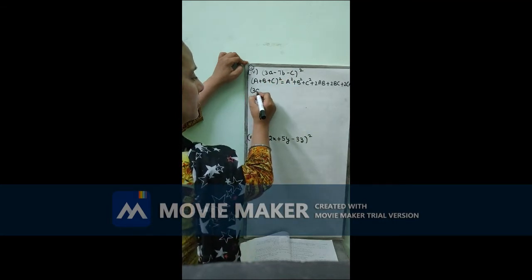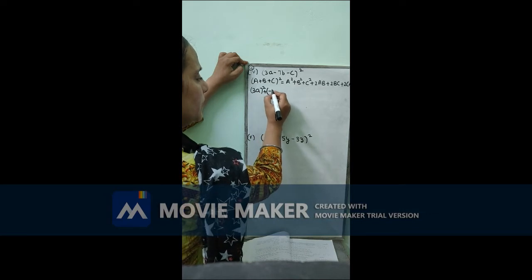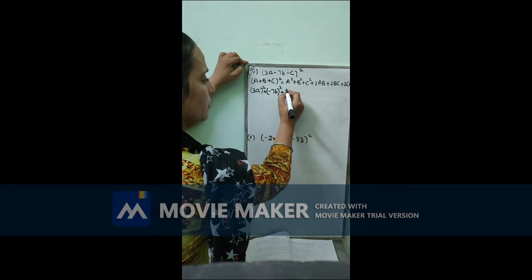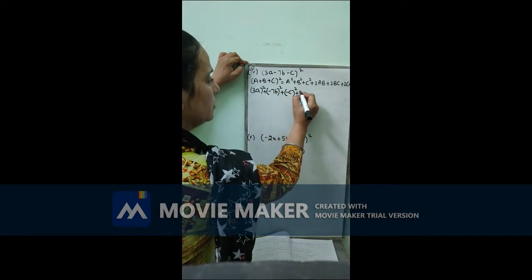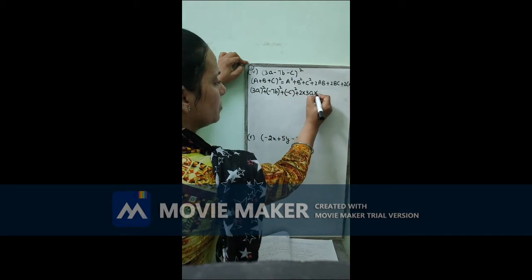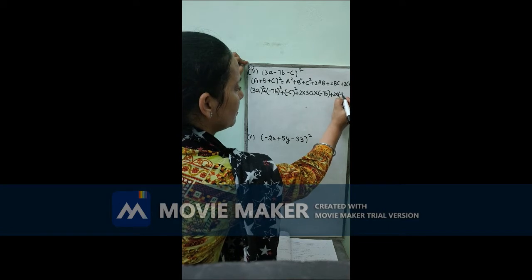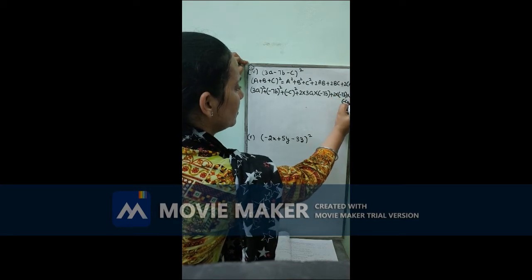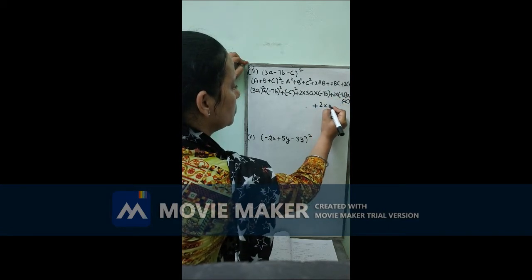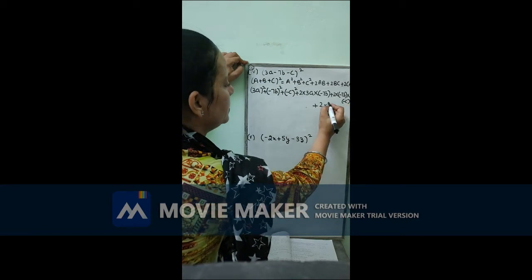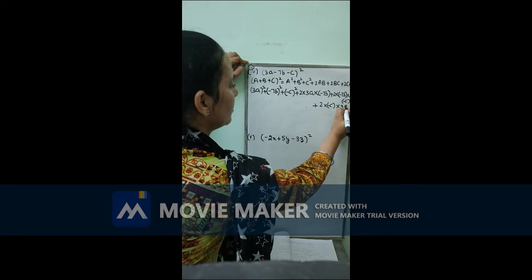So 3a square, minus 7b square, minus c square, 2 into 3a into minus 7b plus 2 into minus 7b into minus c plus 2 into minus c into 3a.